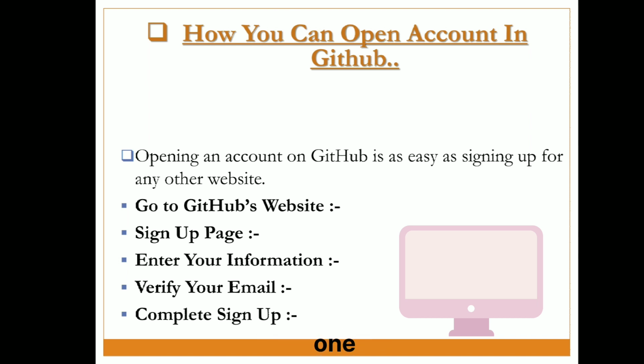And the last one is complete sign up. Once you have verified, you will be taken back to GitHub's website and your account will be created. From now on you can start creating repositories, collaborate on projects, share code and more. That's all. You are now ready to explore GitHub.